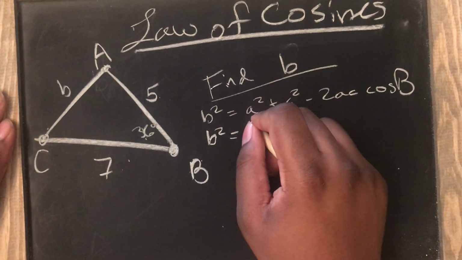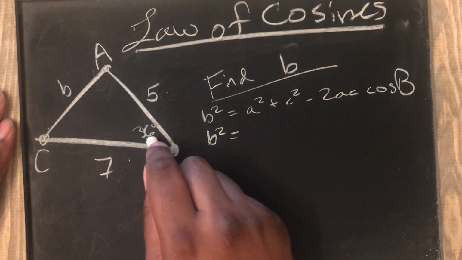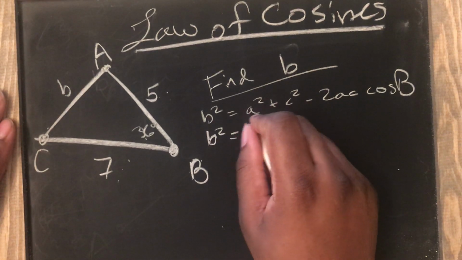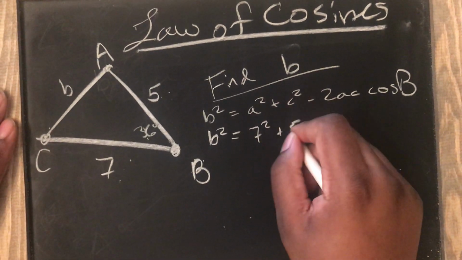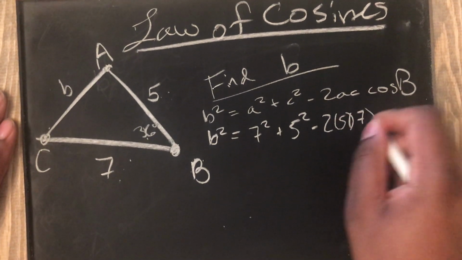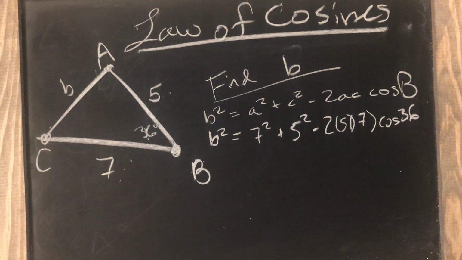equals, so a in this case is 7, c is 5, big B is 36 degrees. So this is 7 squared plus 5 squared minus 2 times 5 times 7 cosine 36.